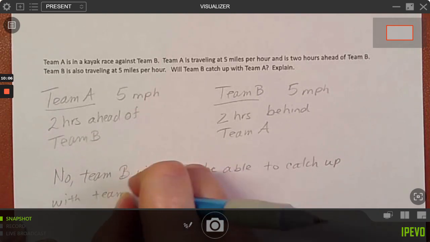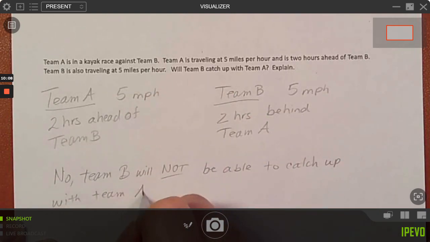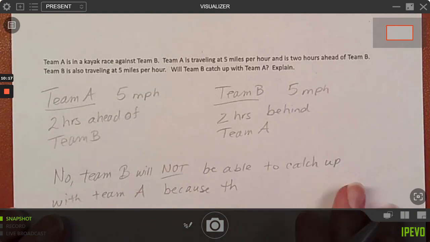Okay, so those are our parallel lines. You can envision that. Team B will not be able to catch up with Team A because they are 2 hours behind and are traveling at the same speed.